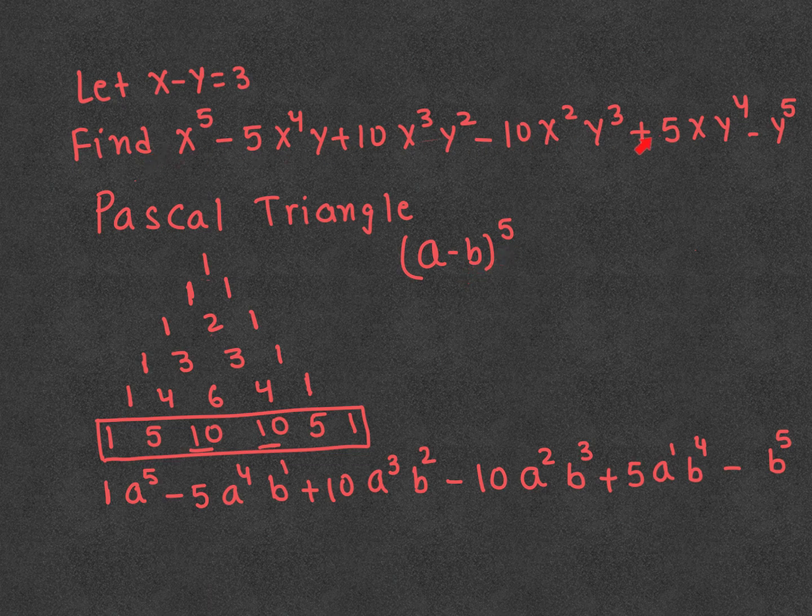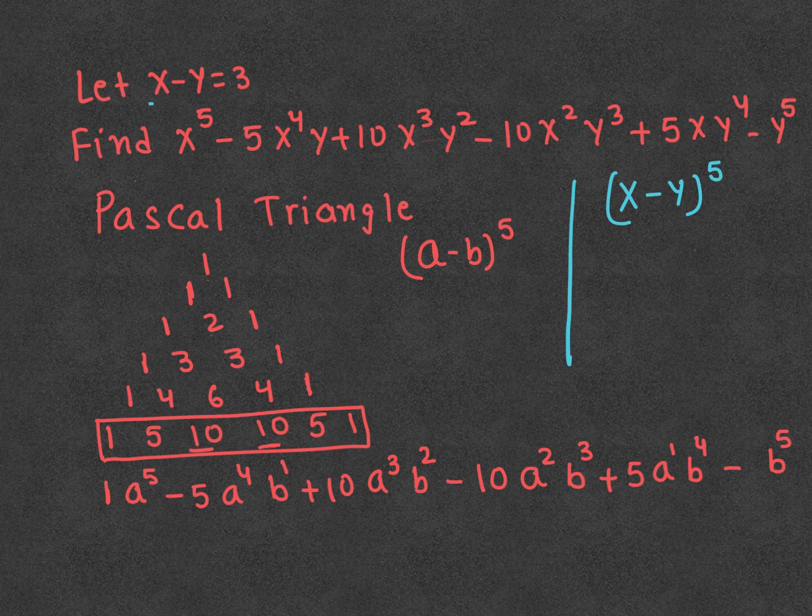To write this one as a binomial to the power, we are going to use the same thing, but this one should be x minus y to the power of 5.